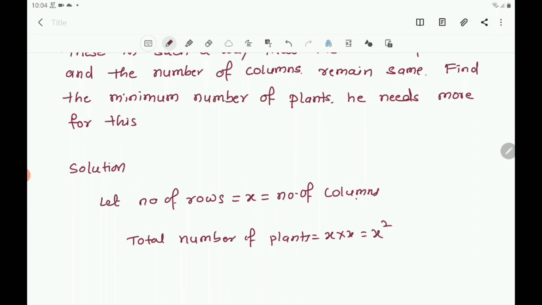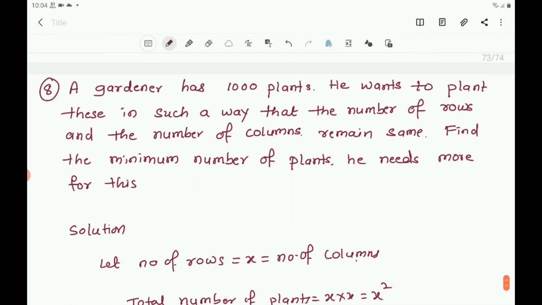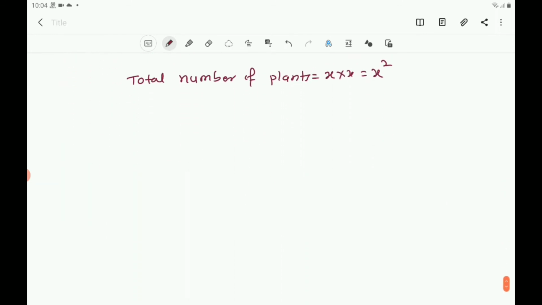Now here let us find the x. First you take the 1000 and find the approximate root here. Here there are 2 bars which I have taken for 2 digits, and then you take 10. For 10, the nearest perfect square is 9. So you take 3, 3 3s are 9.